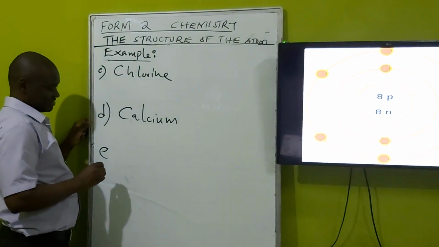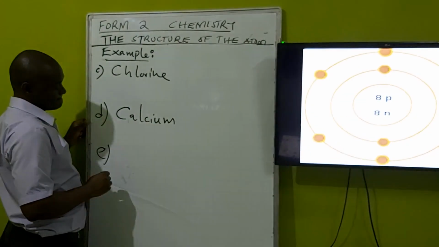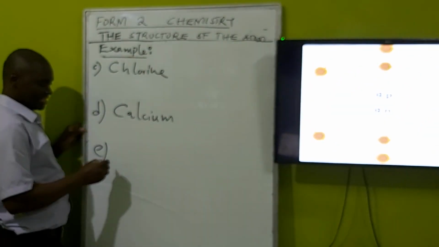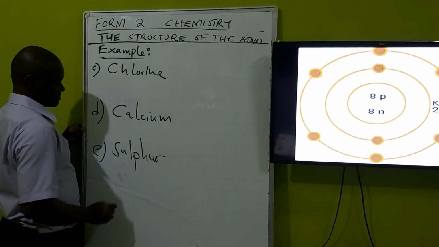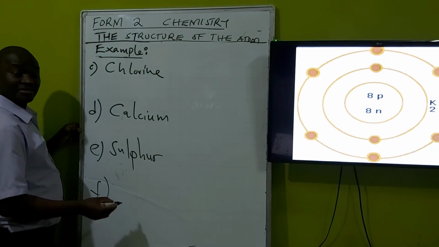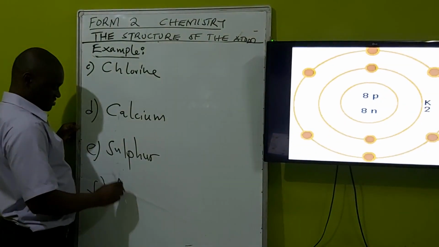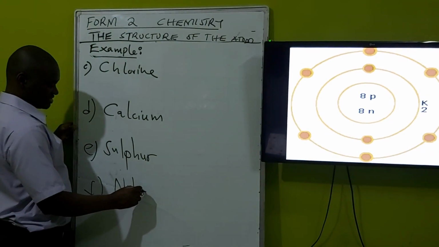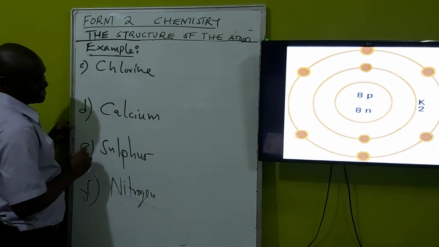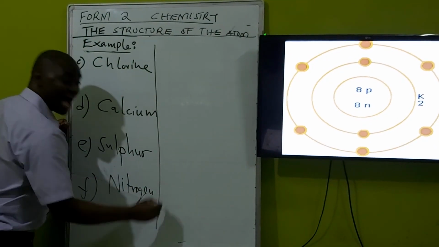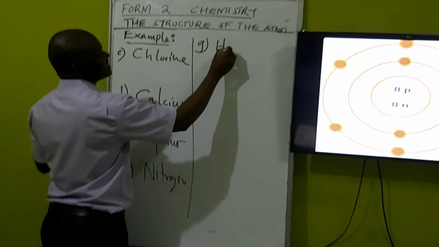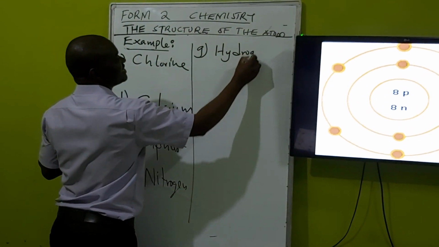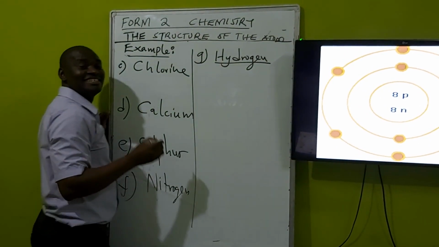E, you can do for, let's say, sulfur. F, you can do for nitrogen. Maybe I do G for hydrogen. Yes, let me do it for hydrogen.